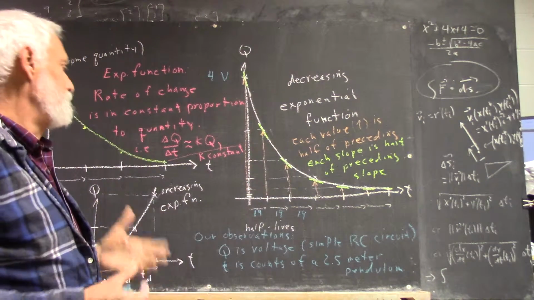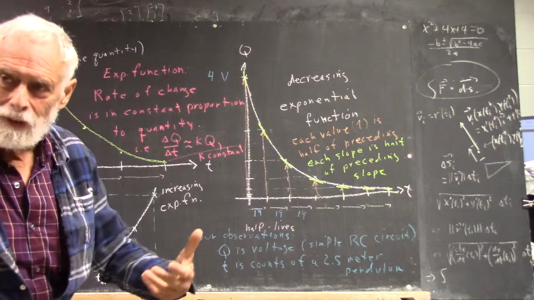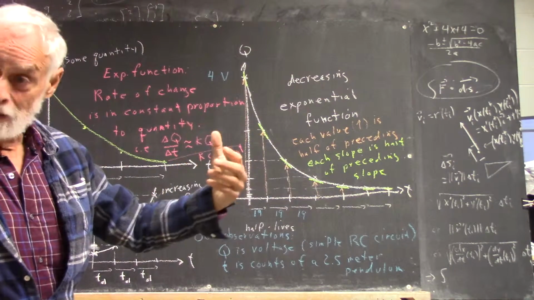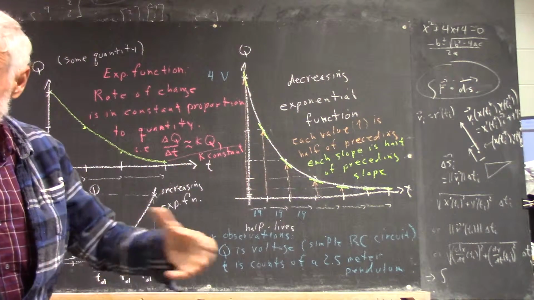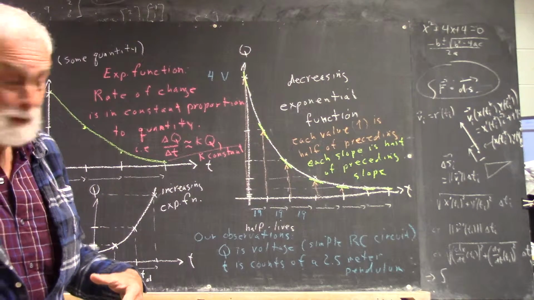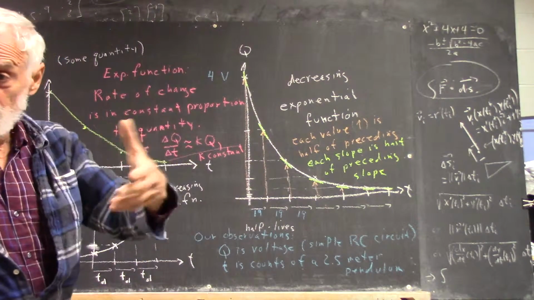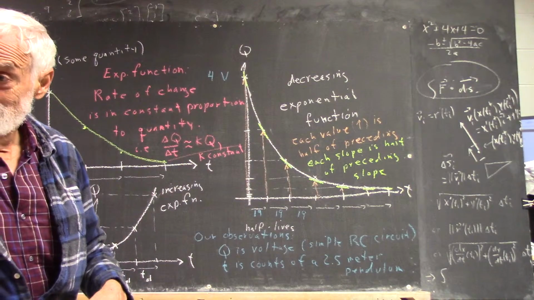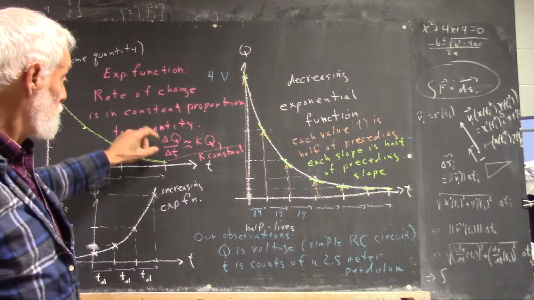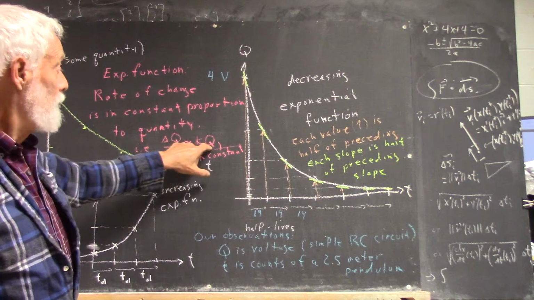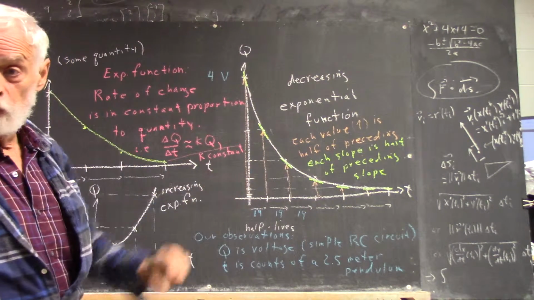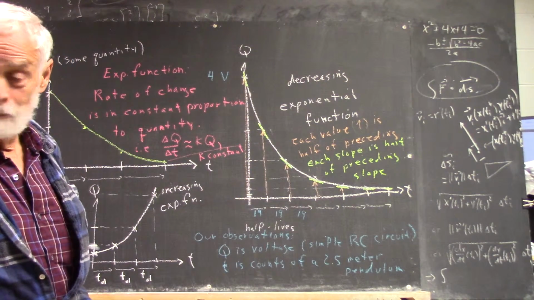So for a very small increment of time, very small delta T, like for this thing between T equals 20.7 counts and 20.8 counts. Not that you could actually count that, okay? That would be a small unit of time. You'd have a small change in the voltage, and you divide those out, you get a ratio, and that's going to be proportional to whatever the voltage is. Okay?